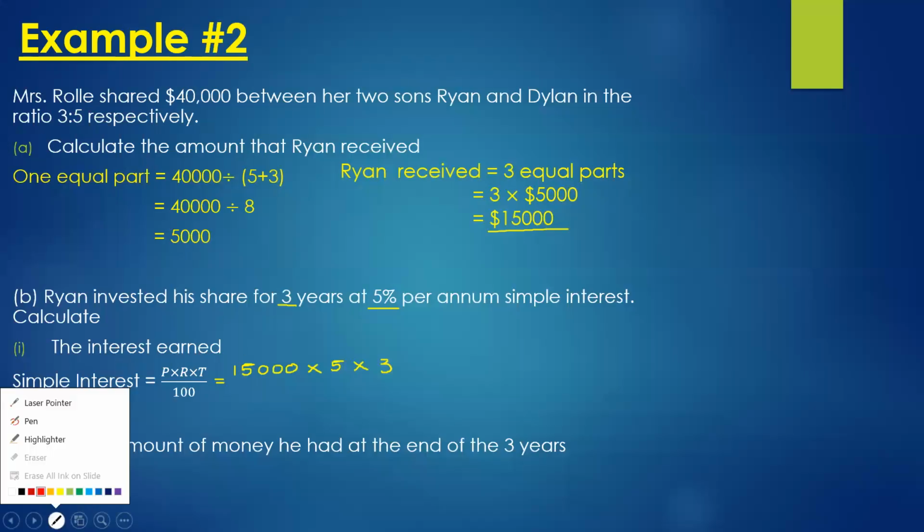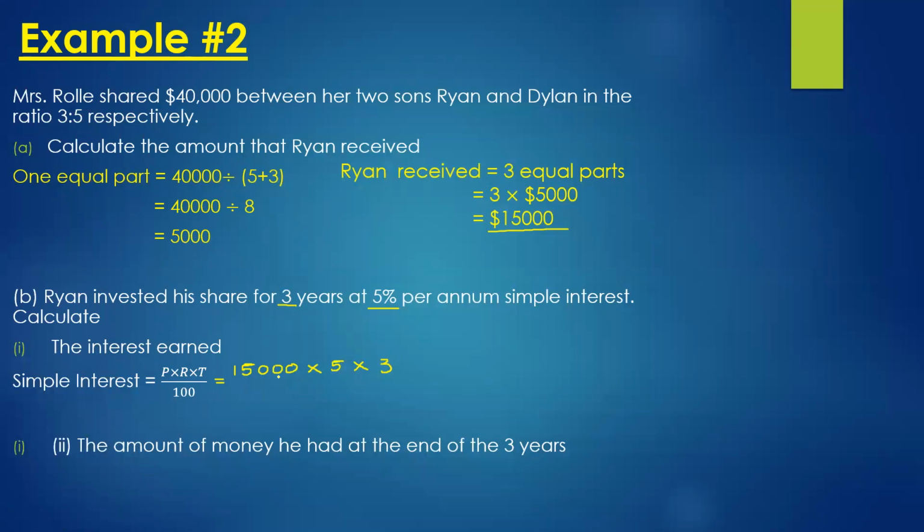Okay, so 15,000 times what? 5% times what? 3 years. And we're going to divide it by 100. Okay, so let's cancel. So there's going to be this with this, and then that with that. So we have, it's going to be equal to 15 times 3.